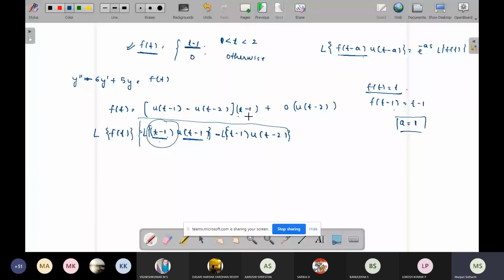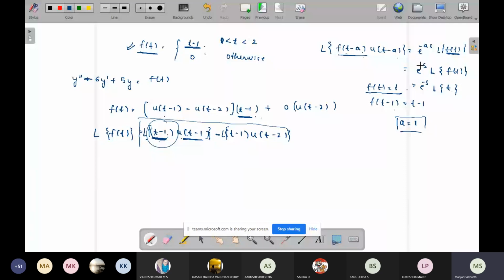When I am multiplying this, I took t minus 1. But when I am taking the Laplace transform, you can see the form t minus a, u of t minus a, and the Laplace transform of f of t. It is not saying the Laplace transform of f of t minus a. So we'll simply write the a value is 1, so e power minus s, and the Laplace transform of f of t, where f of t is simply t.